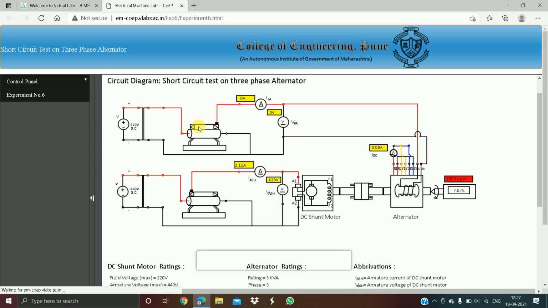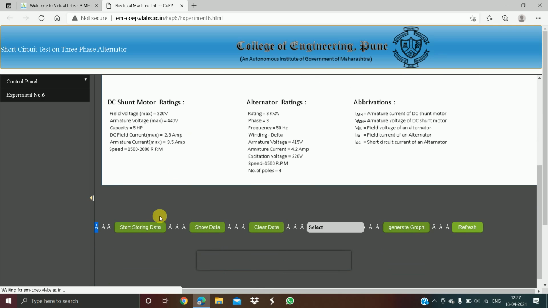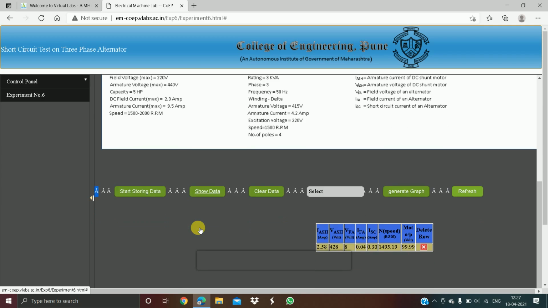Now by varying the rheostat you can see some current starts to flow in the armature of the alternator. Like this we are going to take readings at several values until the armature reaches its rated current. After taking some values we have to store them and show the data.